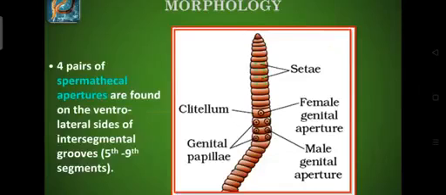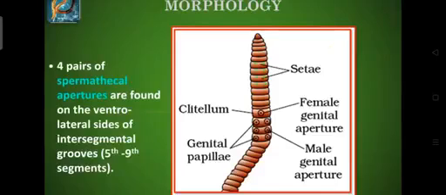Next, 4 pairs of spermathecal apertures. In the picture you can see the spermathecal apertures. Here it is not written, but the upper ones, those green color dot-like structures, are nothing but spermathecal apertures, found on the ventrolateral sides, means on the ventral side and on the lateral side, of intersegmental grooves.